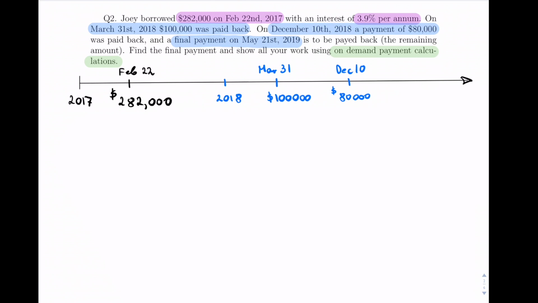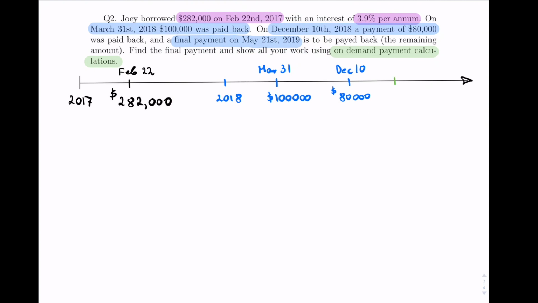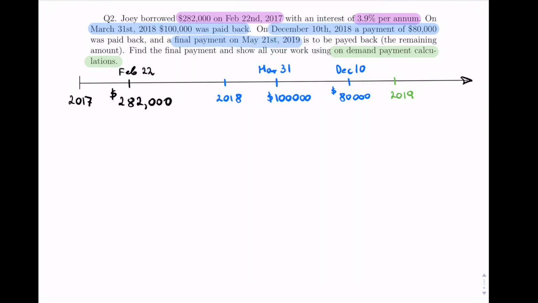And so 2019, so I'm going to put here 2019, May 21st. Okay, and we have to pay everything off right here. So that's the final payment.